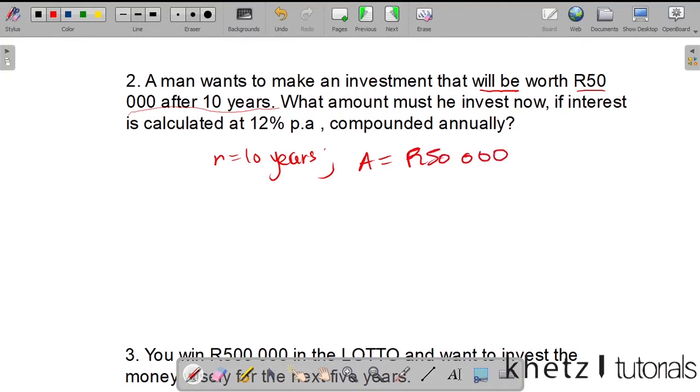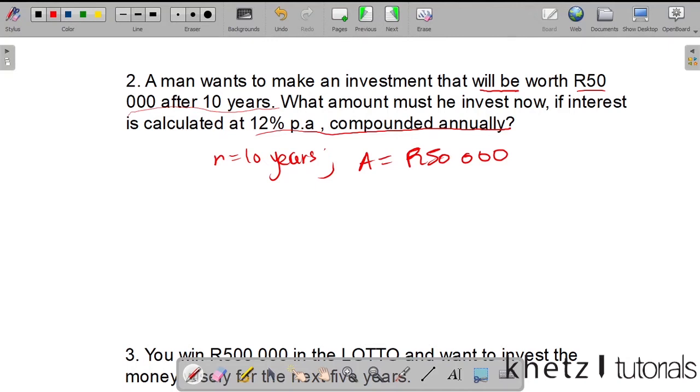What amount must he invest now if the interest is calculated at 12% per annum compounded annually? Okay, so this value is compounded annually, and that basically means that we can just use the years because it's per annum and compounded annually. It only earns interest once in a year.